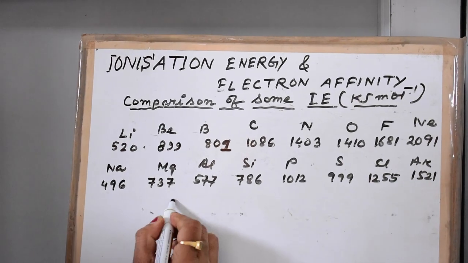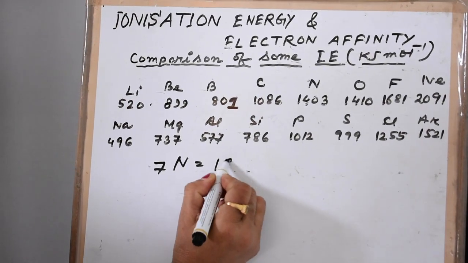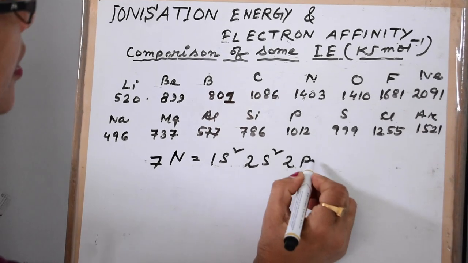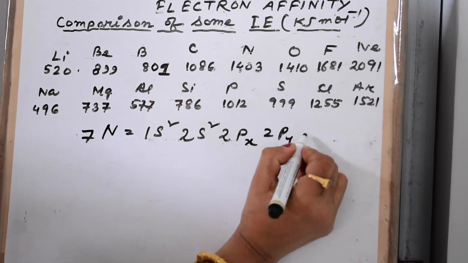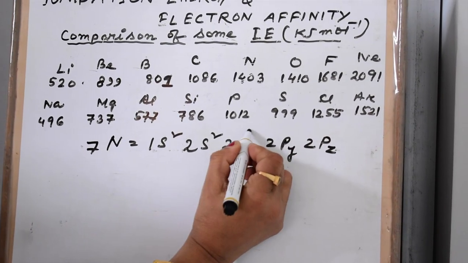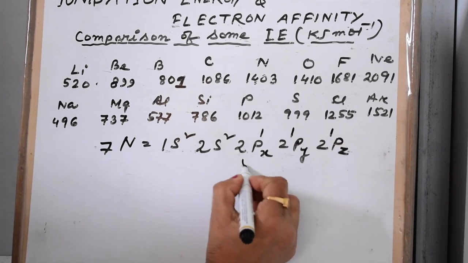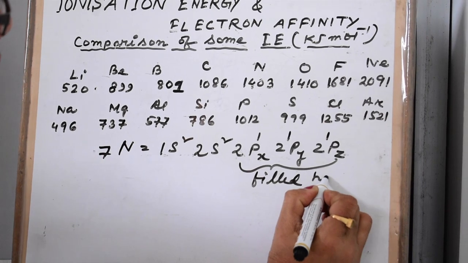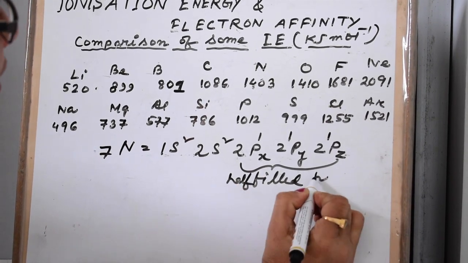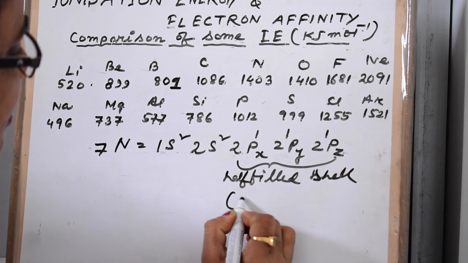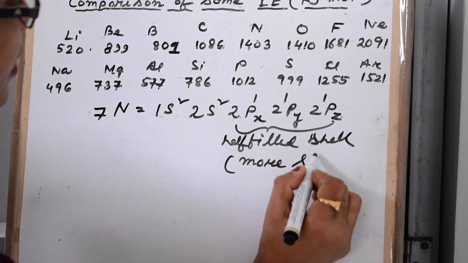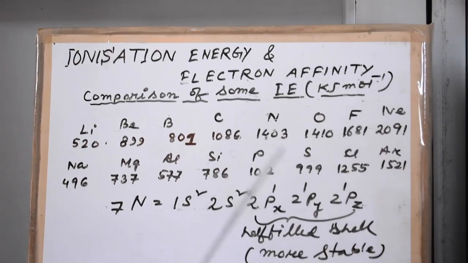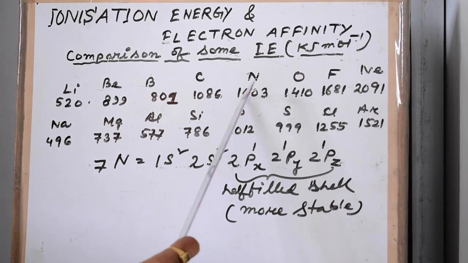That means for nitrogen 7, we see 1s2, 2s2, 2px, 2py, 2pz. All these have one electron. That means a half-filled shell, which is more stable. Due to this reason, nitrogen has more ionization energy.